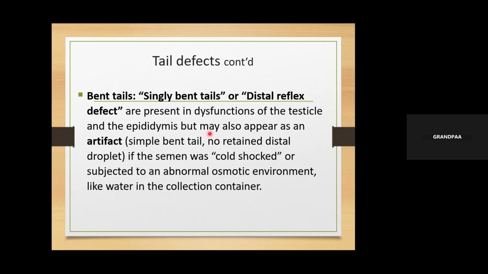Okay, so as a result of cold shock, which is one phenomenon, and as a result of an osmotic environment, even if you are processing semen, you don't need water on your bench. What you definitely will need is saline, or some buffer.